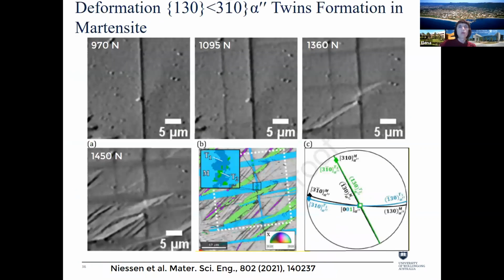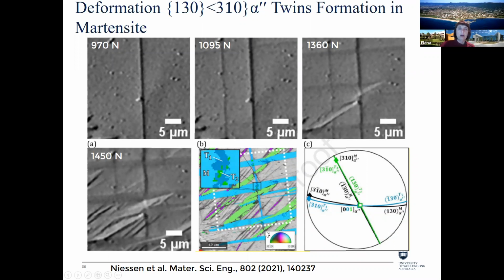Also, if we look at interaction between different variants of Martensite, we could see from snapshots of a sequence of events taken in this area, from a single plate to several plates in the same direction, then perpendicular grids, and then variants forming under an angle.